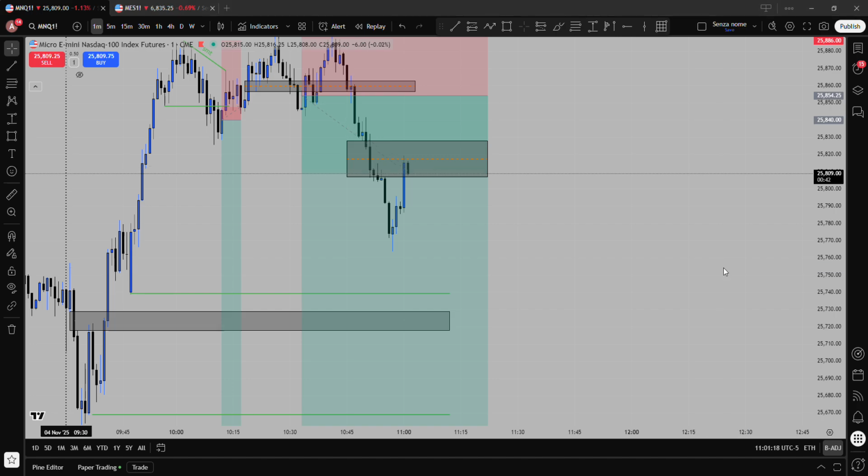We have another 21 contracts in short, so that's great. Sellers are protecting those fair value gaps here. They don't want to see them getting inverted.